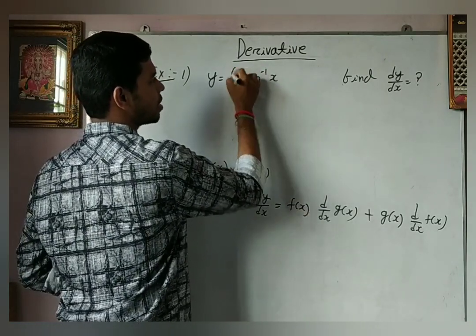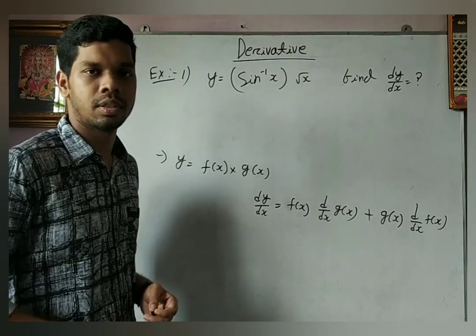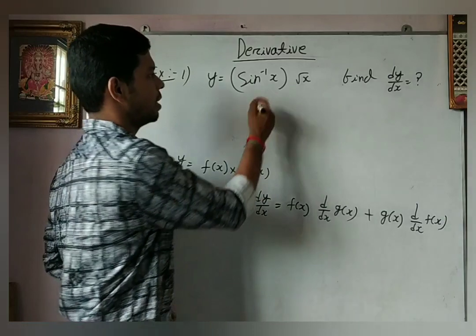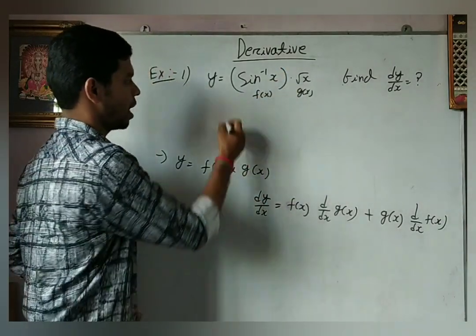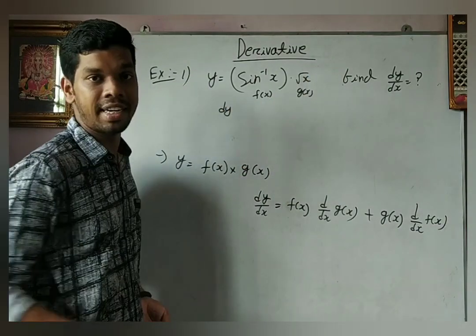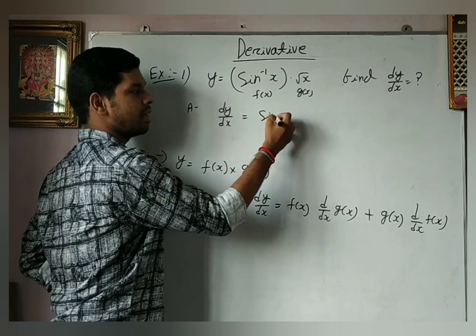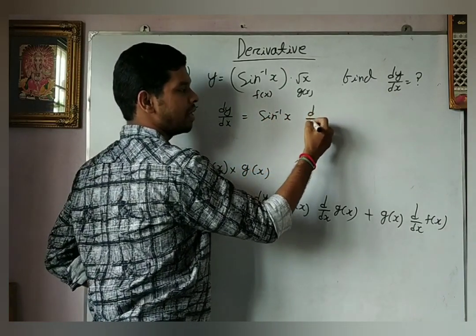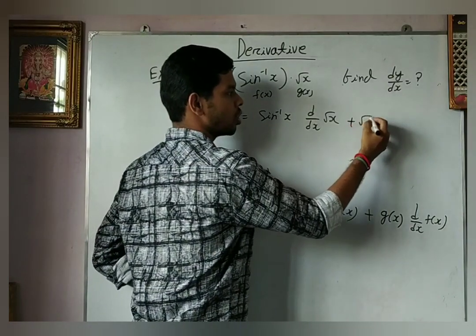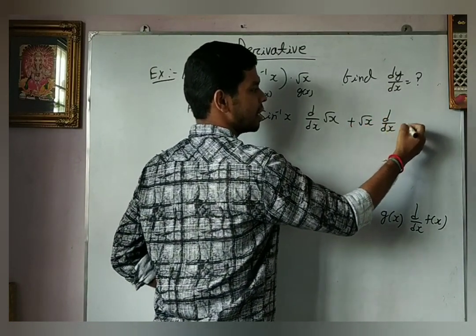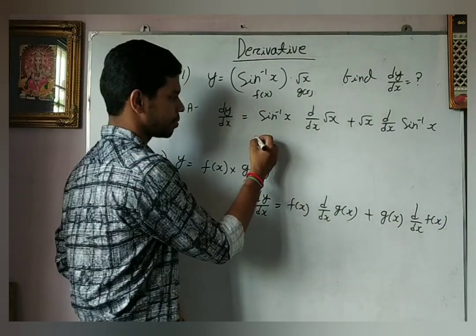Sin inverse x multiplied with root x. If you compare this formula, this is our f of x, this is our g of x, and we have to find dy by dx. dy by dx equal to sin inverse x multiplied with derivative of root x plus root x multiplied with derivative of sin inverse x.